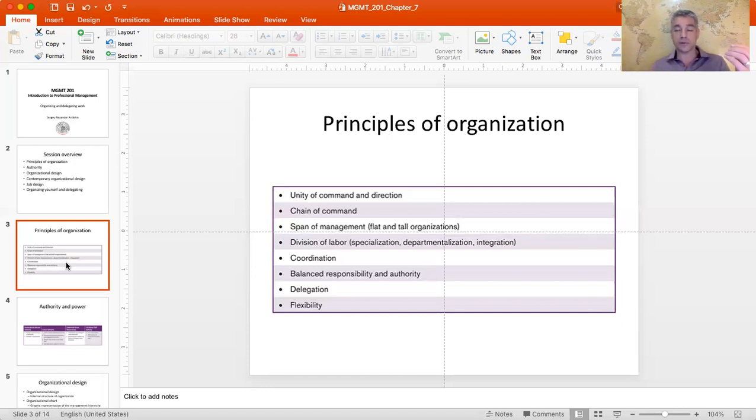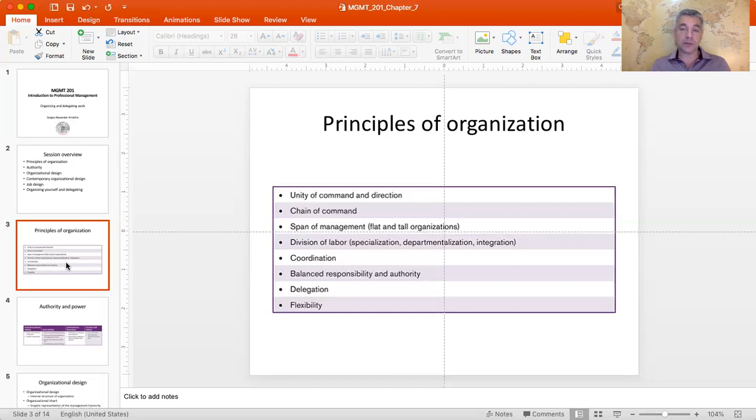So it starts with possibly a CEO or president at the very top, and then from the top, the chain of command goes all the way down through top level management to mid level management to frontline management. And it has to be visible, has to be understandable. Everyone has to know the structure of authority within a company. So that's the idea of chain of command.